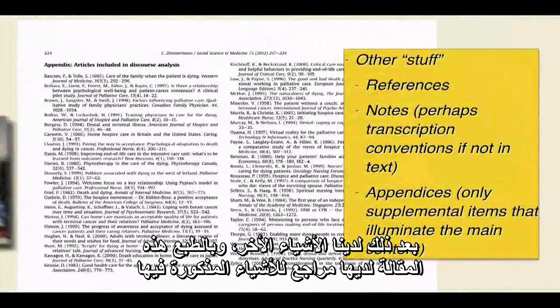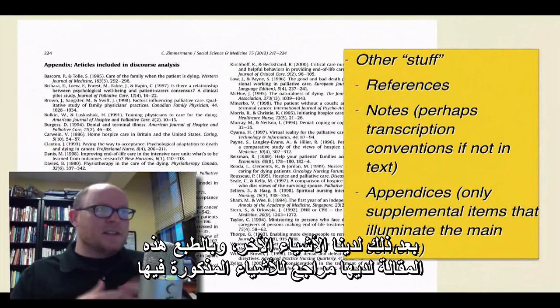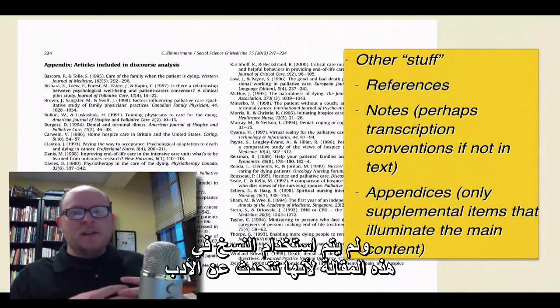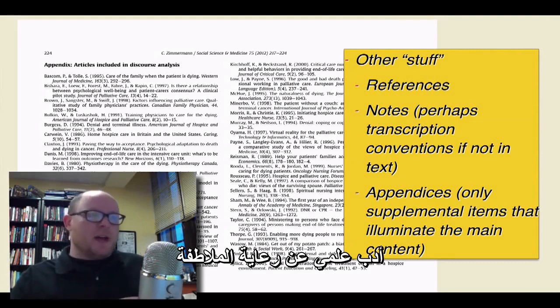Finally then, there's the other stuff that happens. Now, of course, this article has references to the things that it's cited. Now, they're not using transcription in this particular article because they're looking at literature, so the scientific literature on palliative care.